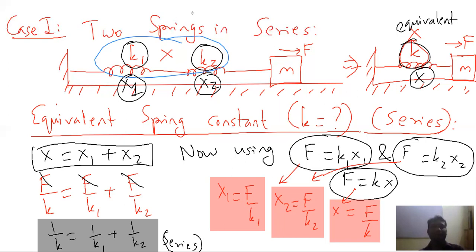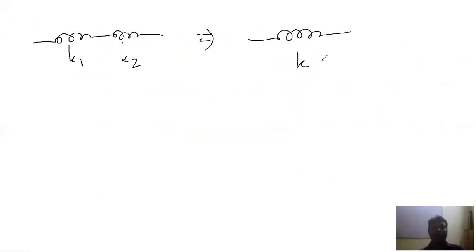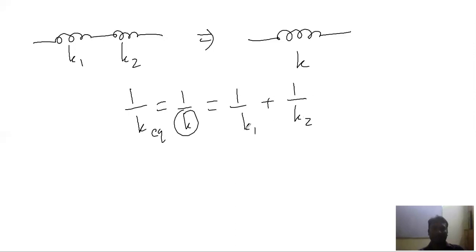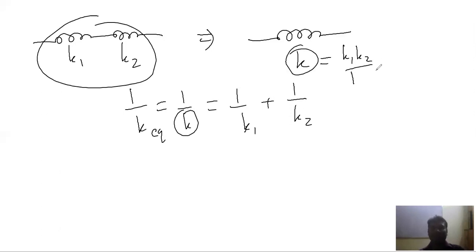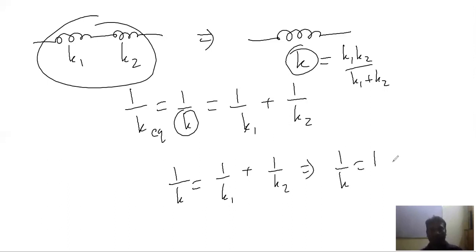To summarize, if we have two springs in series having spring constants K1, K2, then we can replace them by an equivalent spring having spring constant K such that 1 upon K is equal to 1 upon K1 plus 1 upon K2. Cross multiplying, 1 upon K is (K1 plus K2) upon K1 K2.